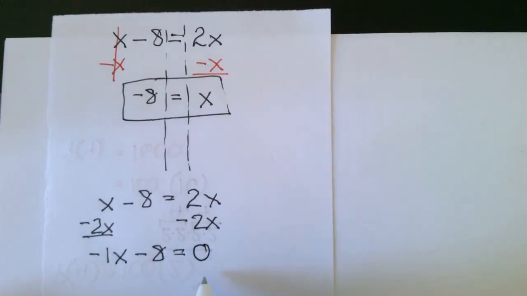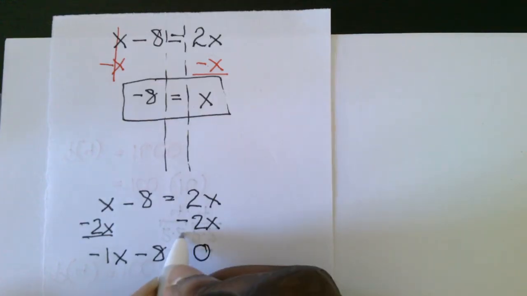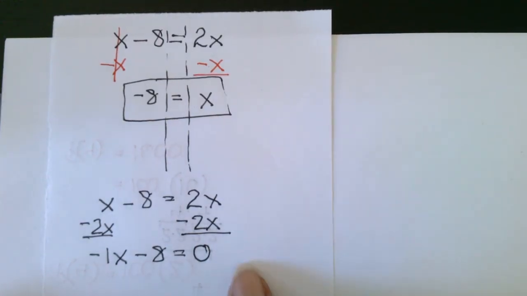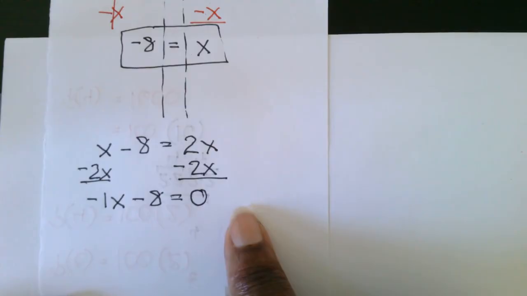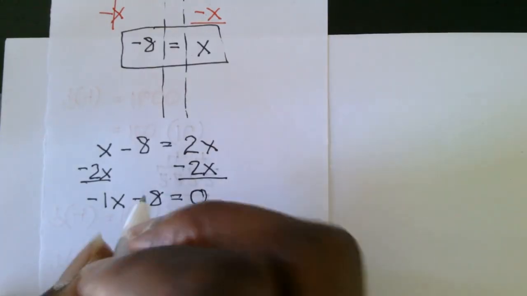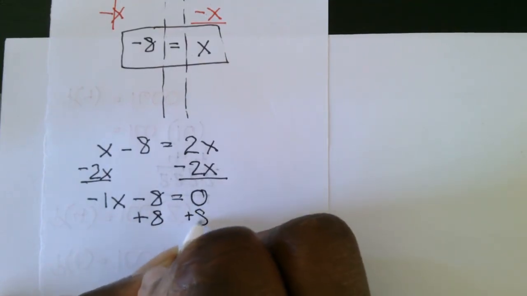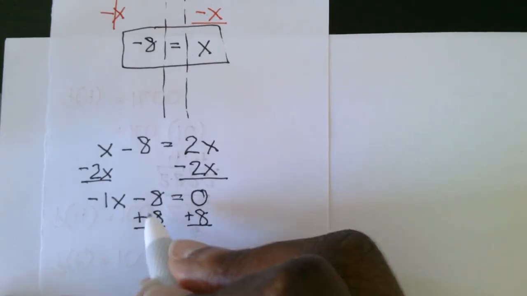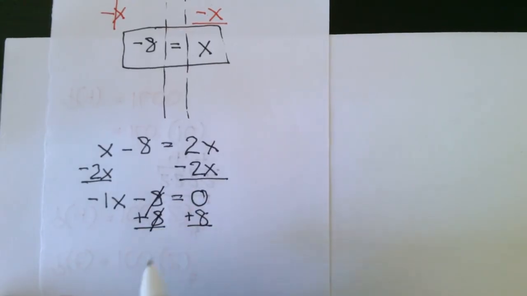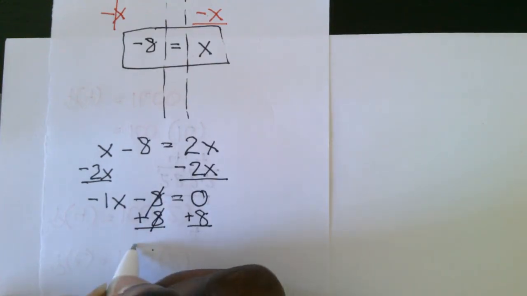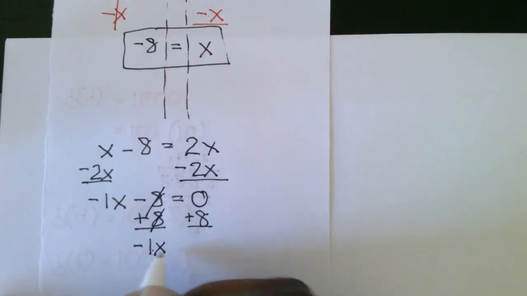I have to put that 0 as a placeholder down this time because there's nothing on that side of the equal sign. So then I can add 8, negative 8 and positive 8, that will give me 0, but I don't have to put the 0 down as a placeholder because I still have my negative 1x.